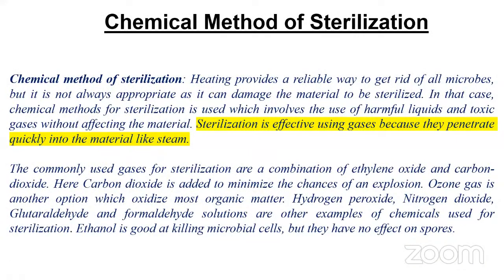So we saw three methods of sterilization just now. One is heat, which is basically of two types, wet and dry. The second is filtration. The third is the use of the radiation method. Then there is another method of sterilization, called the chemical method, in which we use chemical reagents for sterilization.